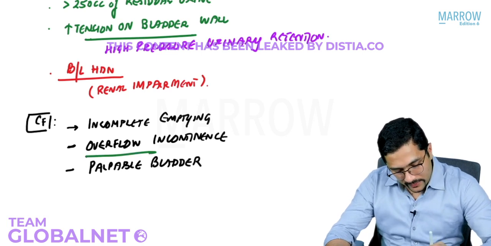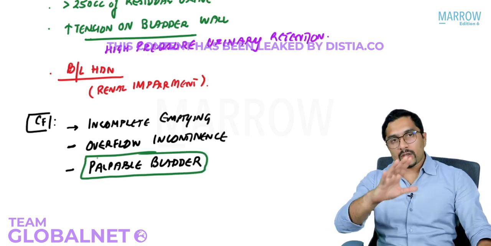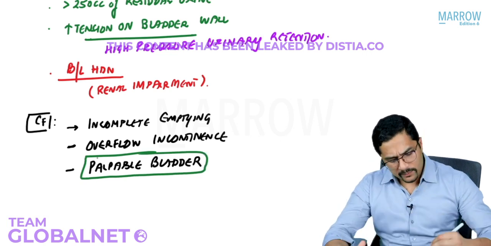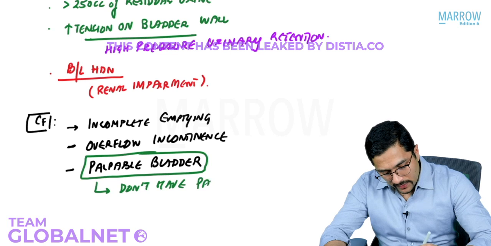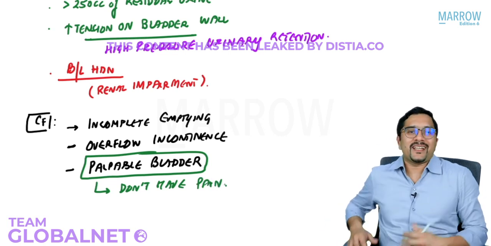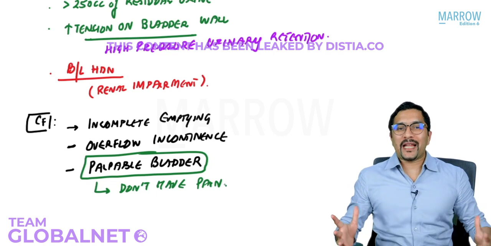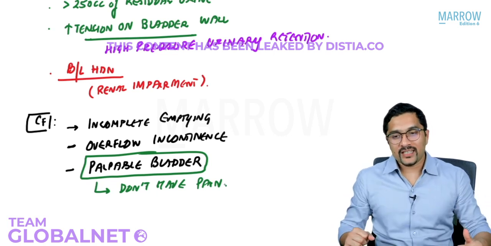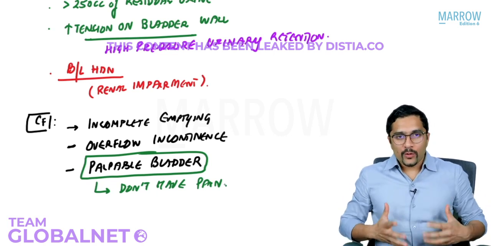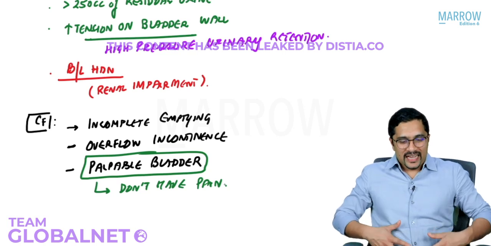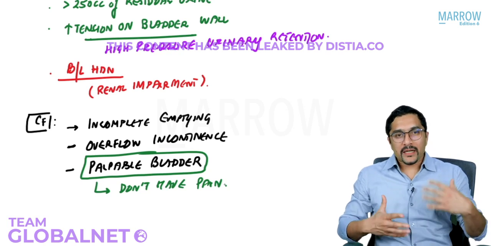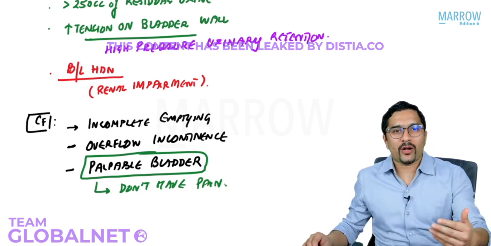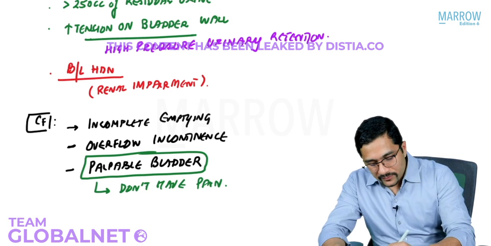So when you palpate the suprapubic area, you'll feel a bladder. And usually these patients don't have pain because they've become so used to this bladder being enlarged. It's chronic retention. All of you know that if you have to hold your urine for some time and your bladder becomes distended, there's extreme pain. But in these patients, because it's become a chronic problem, pain is not there.